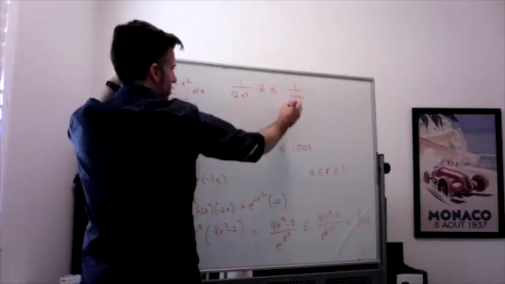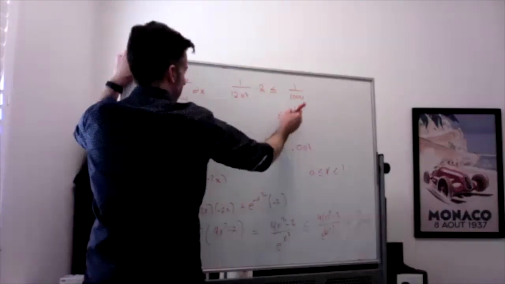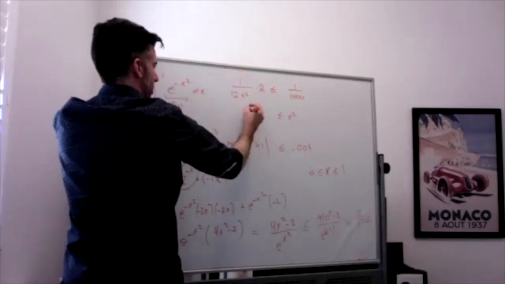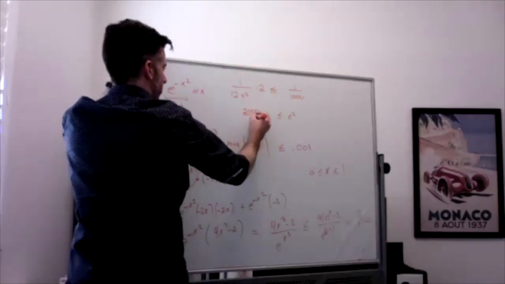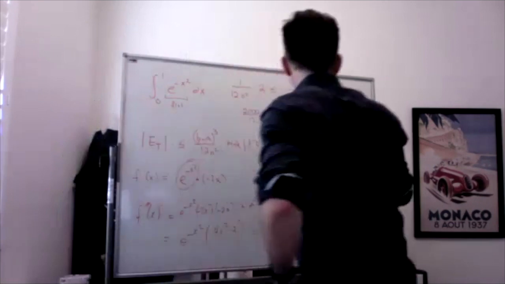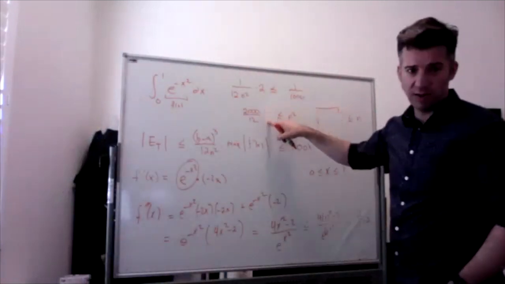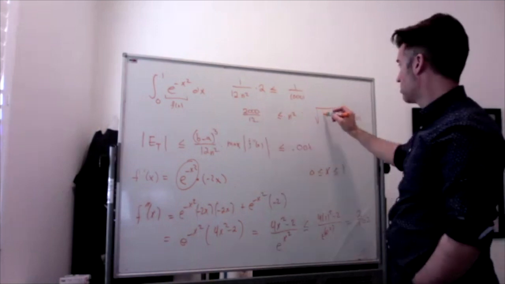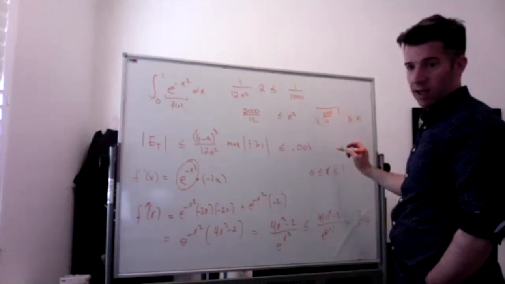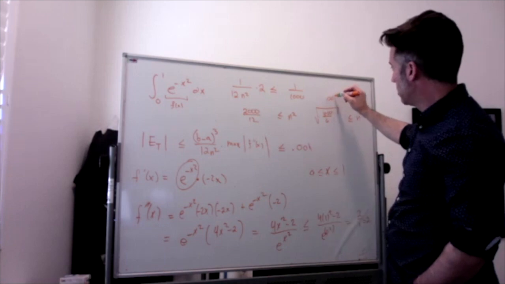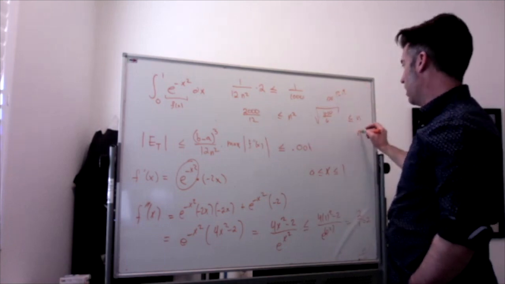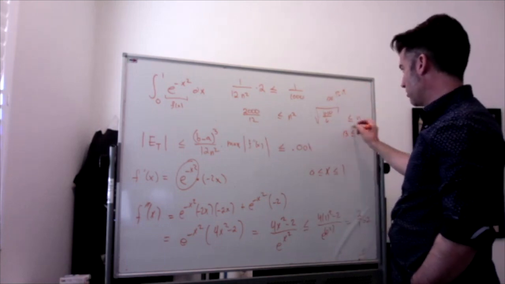Really, we multiply the n squared up here. We multiply the 1,000 up here, so you get 2 times 1,000 over 12. And then n has to be bigger than or equal to the square root of 2000 over 12, which is 1000 over 6. That number is approximately 12.9. So n has to be bigger than or equal to 13.